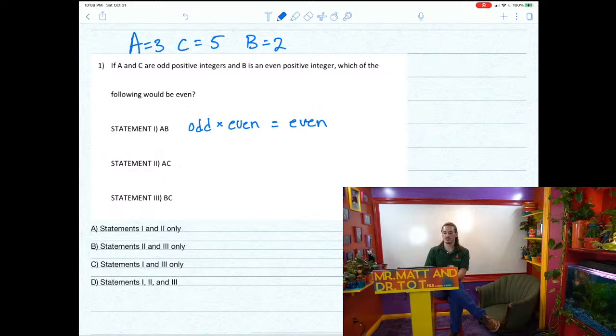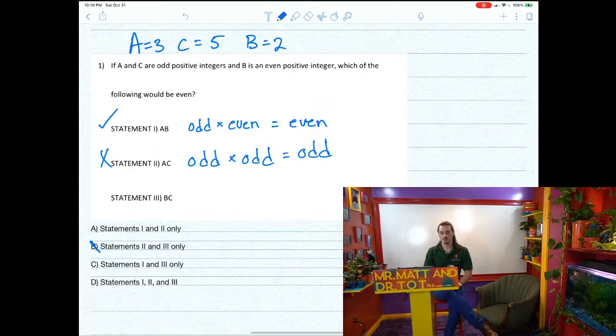So I know that statement 1 is true, so I can eliminate answer selection B because it does not contain statement 1. And I know statement 2 is false. So any answer that has statement 2 in it is out, and the answer has to be selection C because it's the only one that doesn't have statement 2.